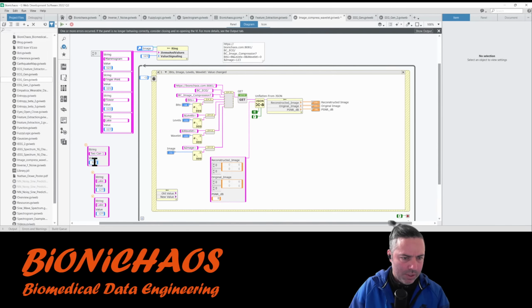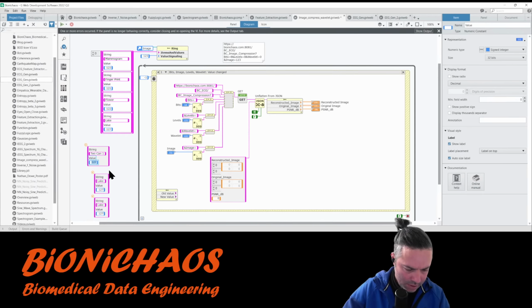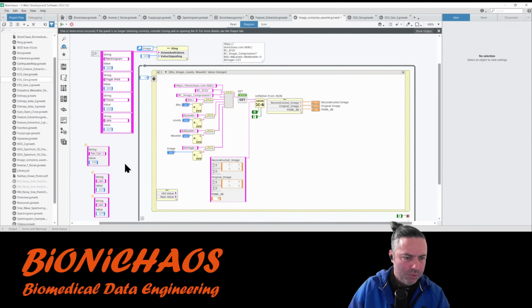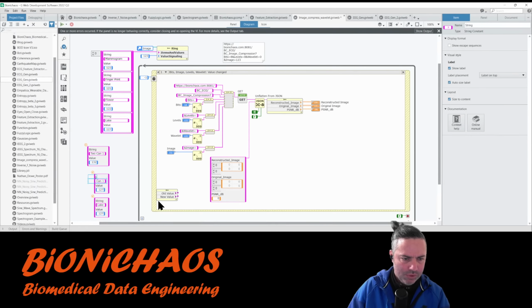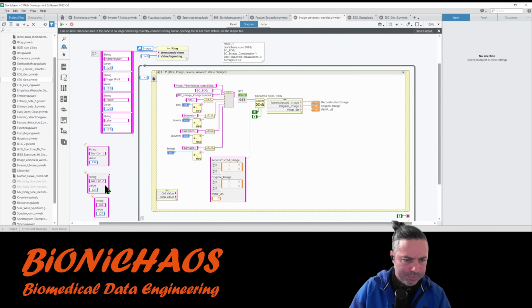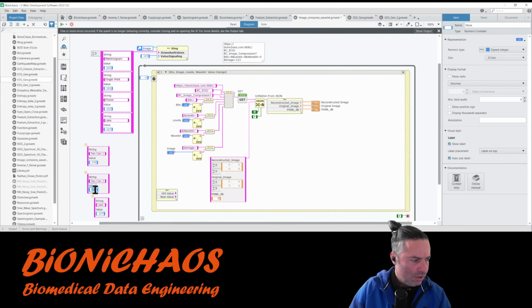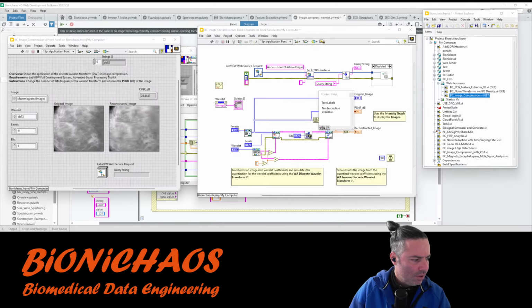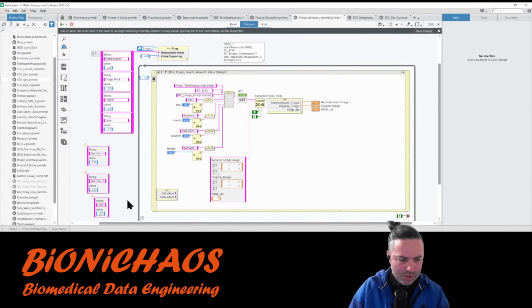Then we have token 1, and that's 132. We have token 2, 134. And we have the famous cameraman.